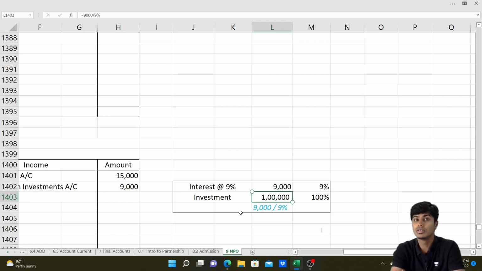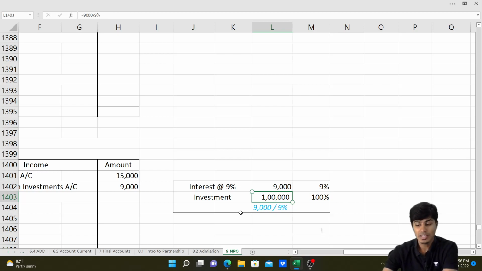Sir, why? See, if it is there in the opening balance sheet, but it is not there in the closing balance sheet, what does it mean? It means that the investments are sold during the year. If the investments are sold during the year, then there would be receipt of money. Am I right?